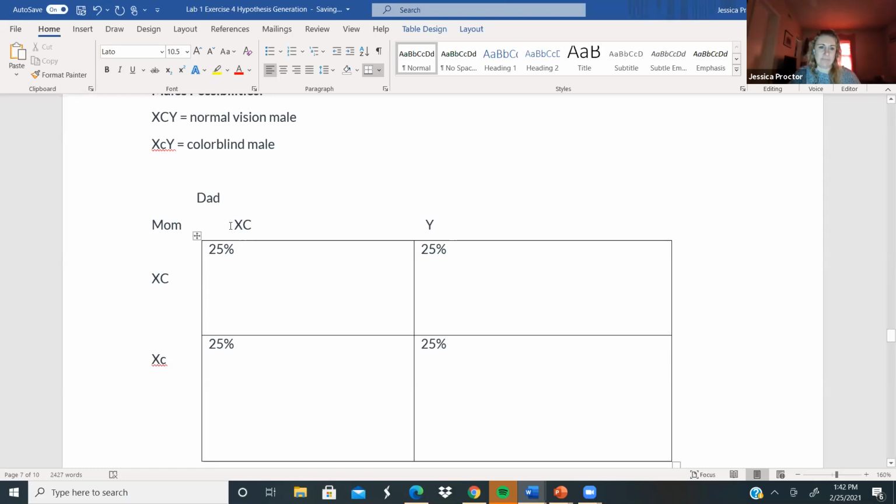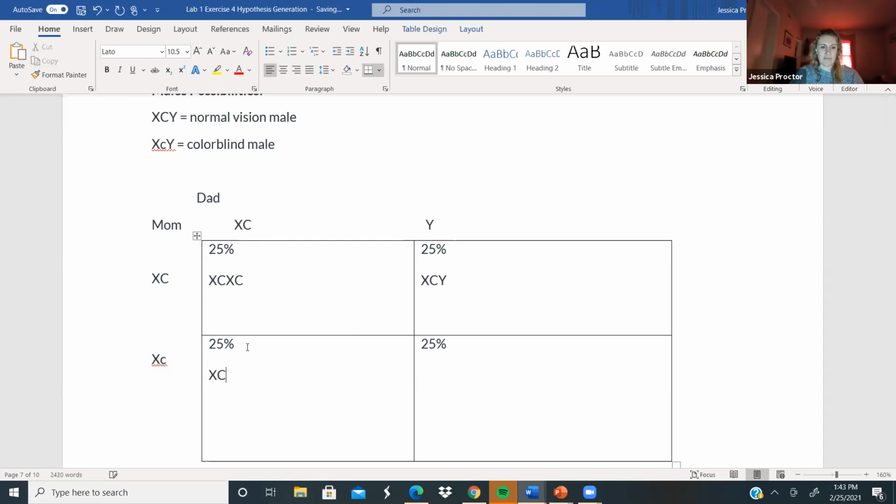Same idea as any other Punnett square, each little quadrant represents 25% of generation 1. So in this first box, we take one from here and one from here, so we have an X big C X big C. In this box we've got an X big C and a Y. In this quadrant, we're always doing the dominant allele first, so the X big C followed by the X little c.